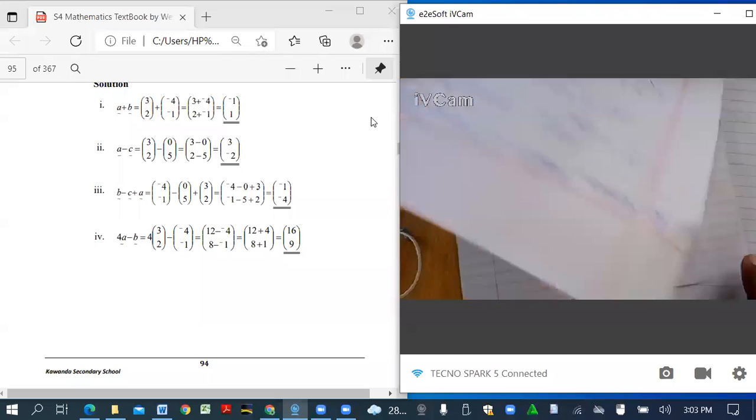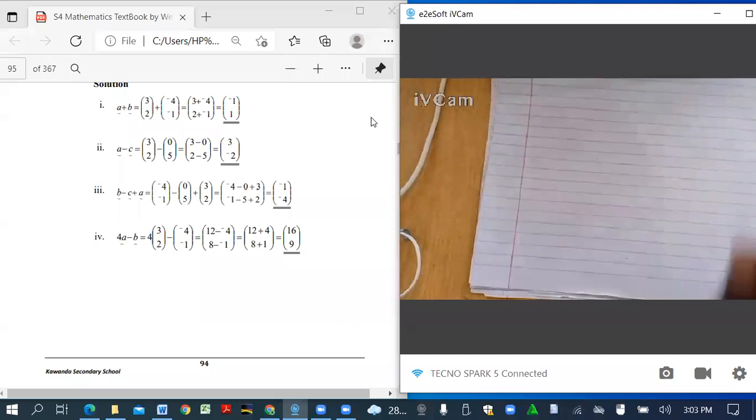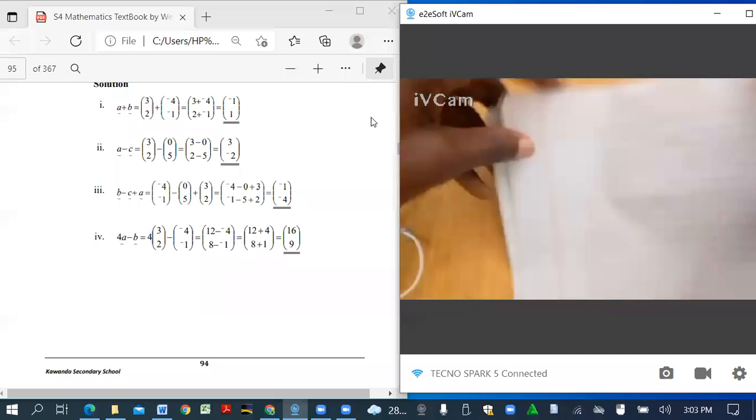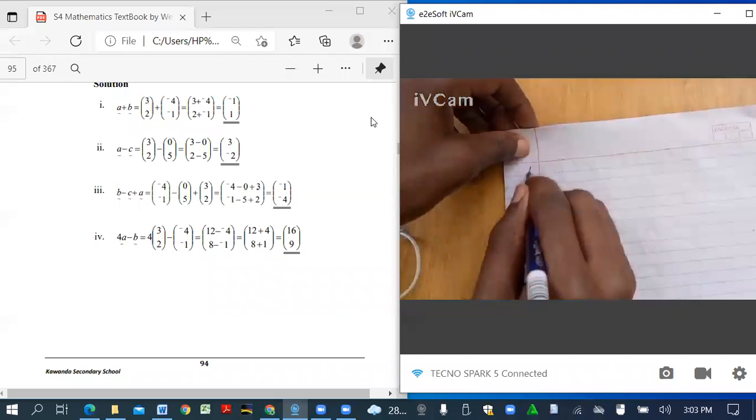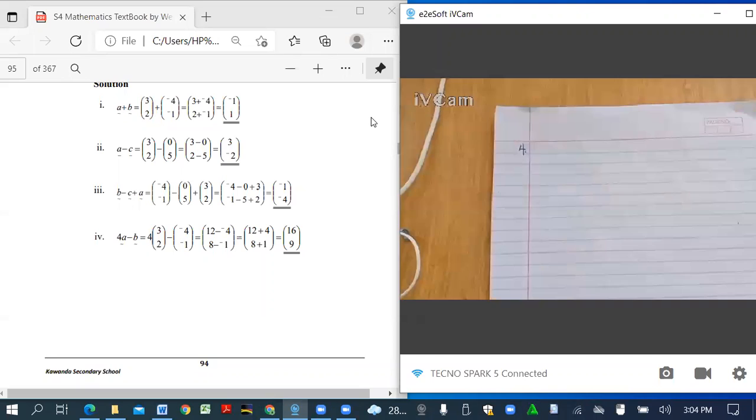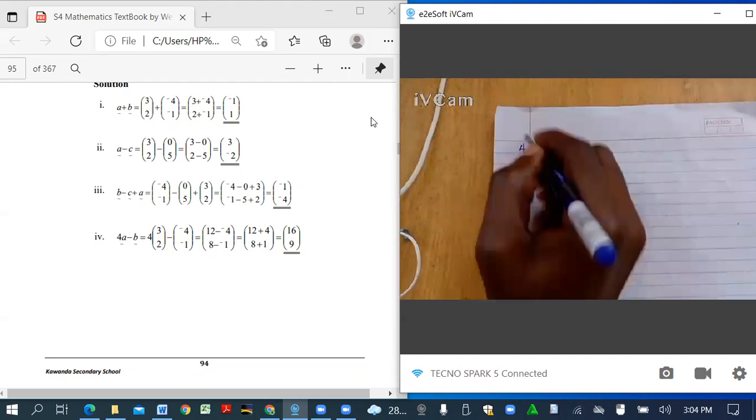Then last example, then we move to another concept. The last example on operation of vectors, then we move to another concept, okay? Number 4. And this one, you are the one going to do it, okay? Can you write the question down?